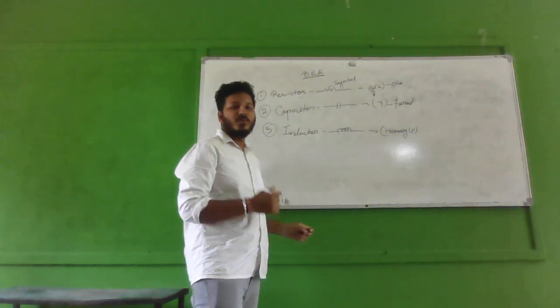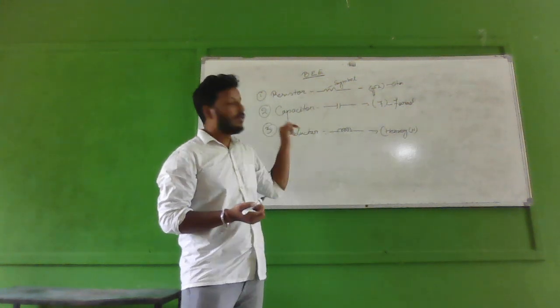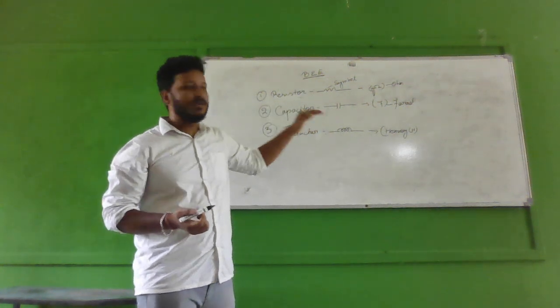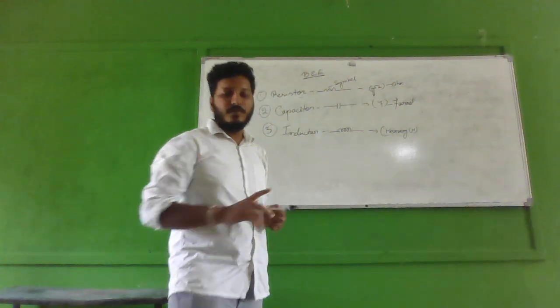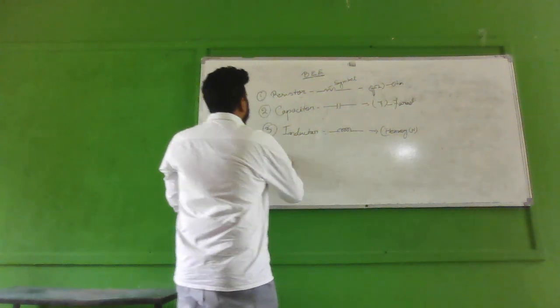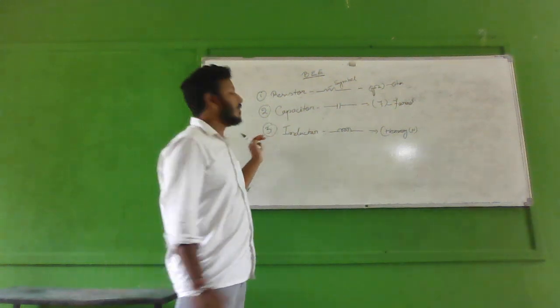After this, we will discuss how each and every component behaves in series connection and in parallel connection. So next, we will go to the series and parallel combination of every component.